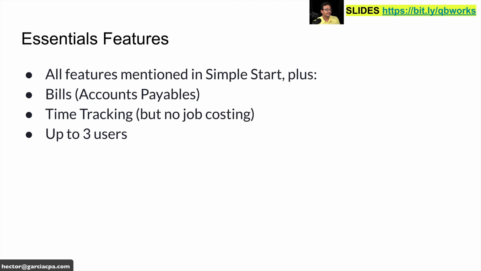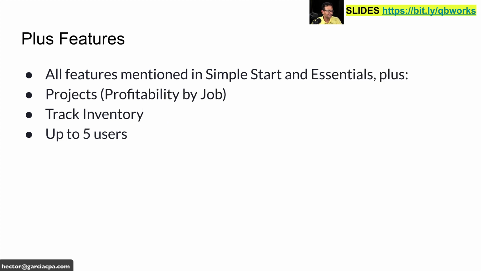You also get time tracking and multi-currency with Essentials, and a couple of little features here and there that might not be worth mentioning. I don't want to confuse you too much. But if you want to track accounts payable, bills that you owe to vendors, including the electronic payment of those bills using Melio, which is an integrated app, plus time tracking and up to 3 users, that's where you look at upgrading to Essentials.